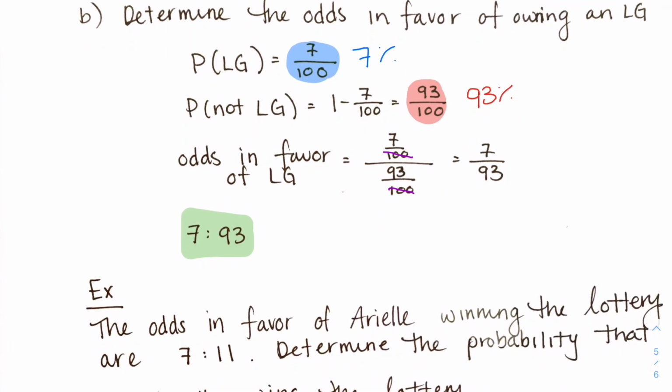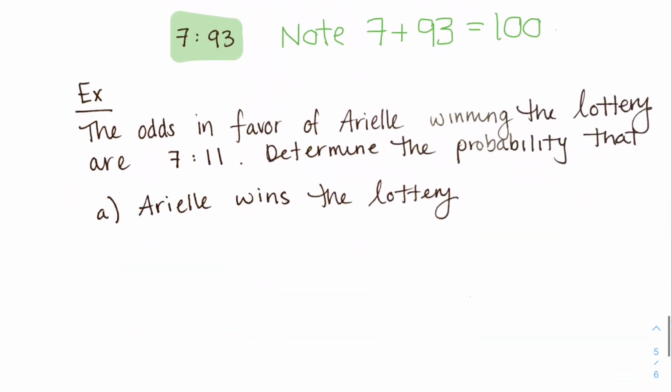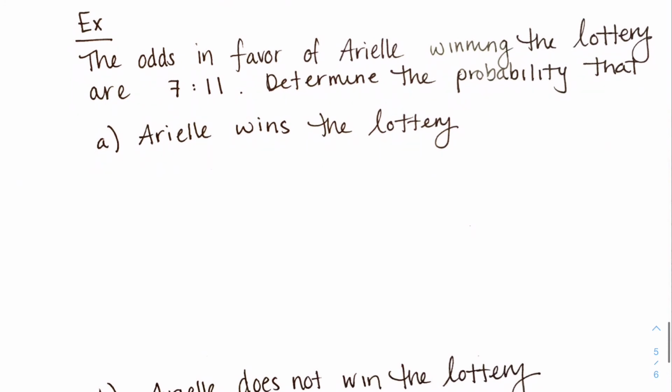Now the one thing you want to notice one last time, because it's going to be important for the next example, is the 7 plus the 93 takes up the full 100%. So we are dealing with the entire population.